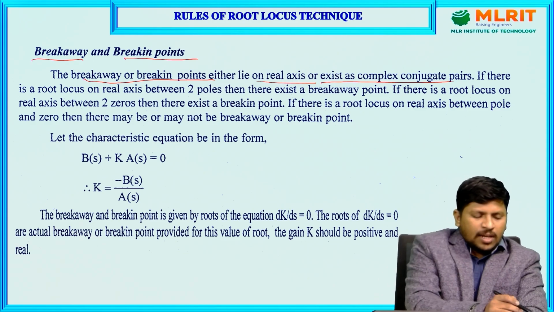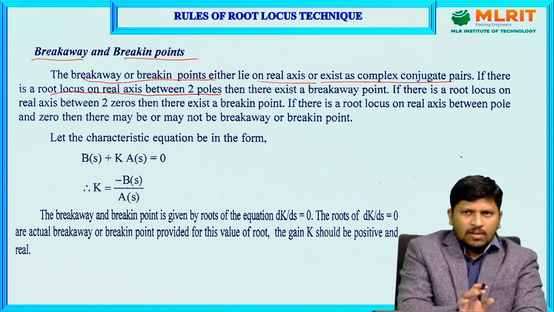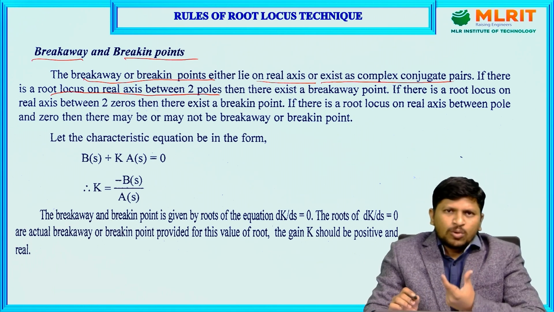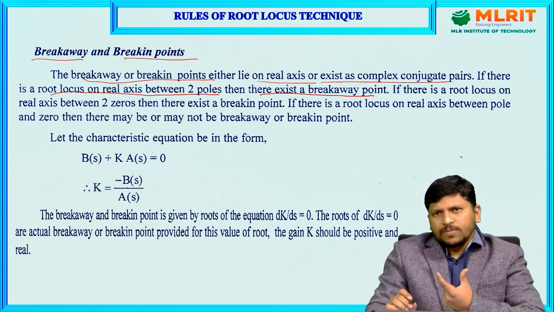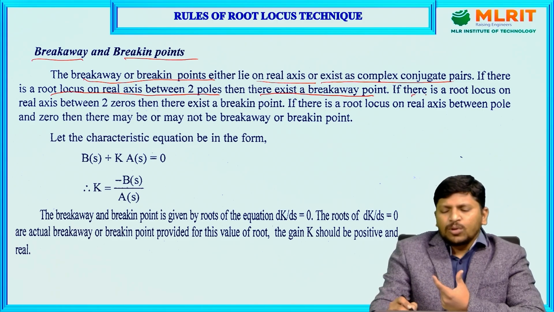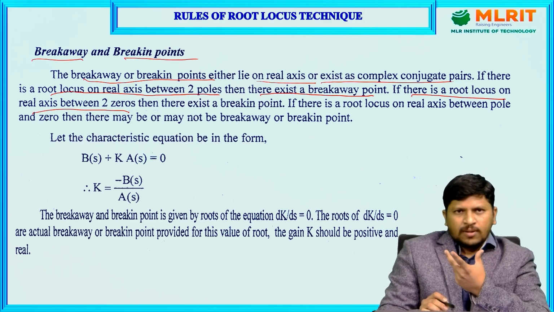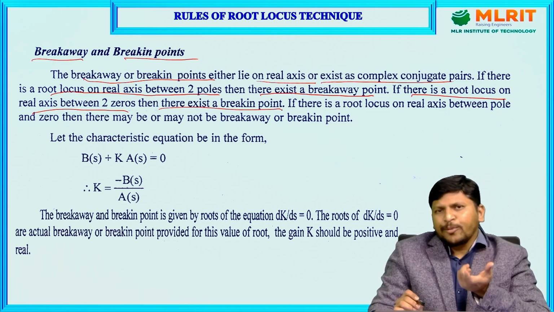If there is a root locus on the real axis between two poles, then there is one breakaway point. If there is a root locus on the real axis between two zeros, then there exists a break-in point.